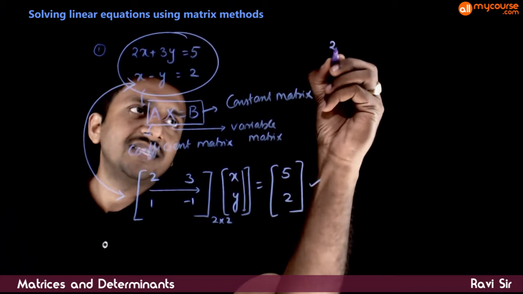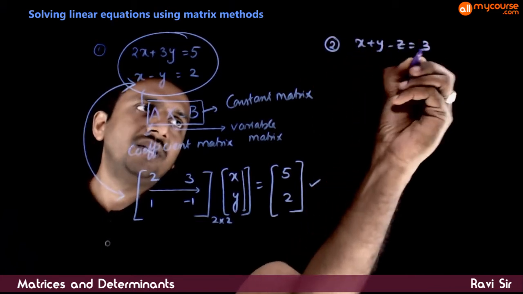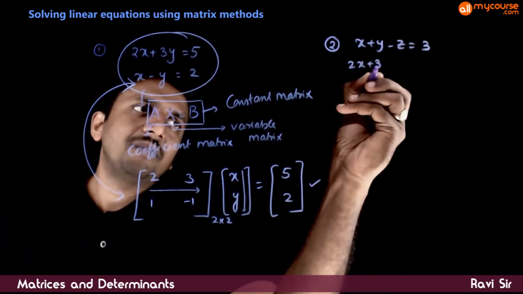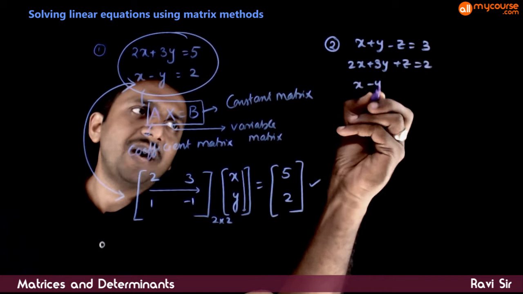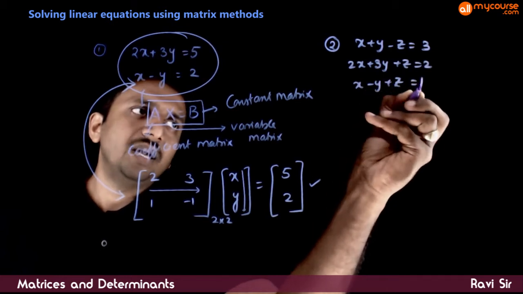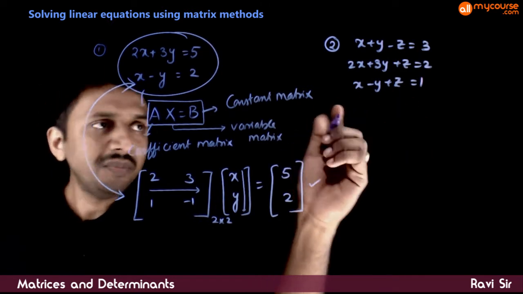Let us take another example. x plus y minus z is equal to 3, 2x plus 3y plus z is equal to 2, x minus y plus z is equal to 1. How do you express this in matrix form?